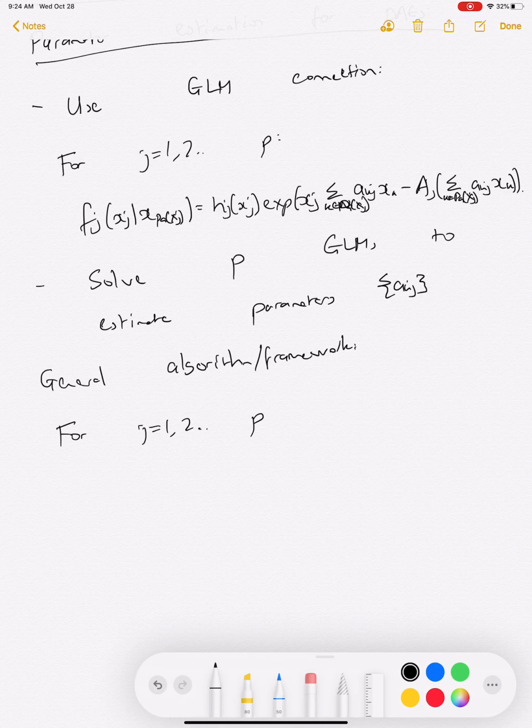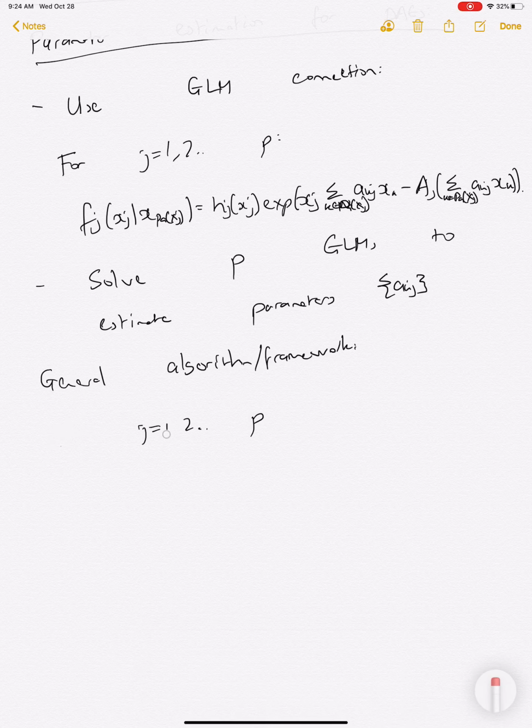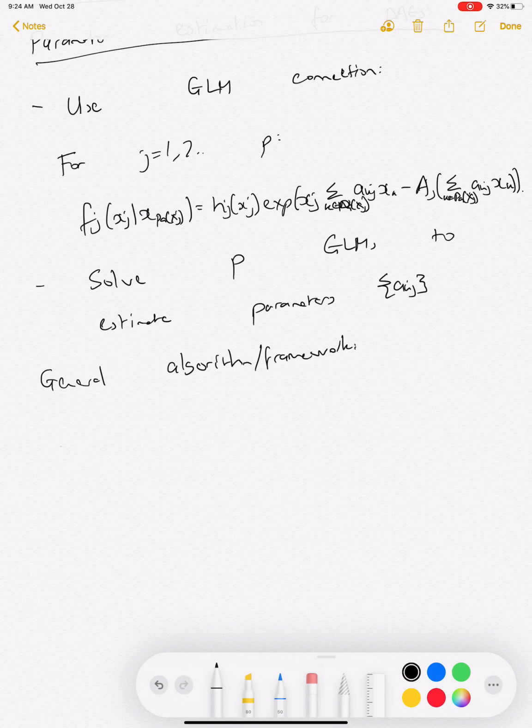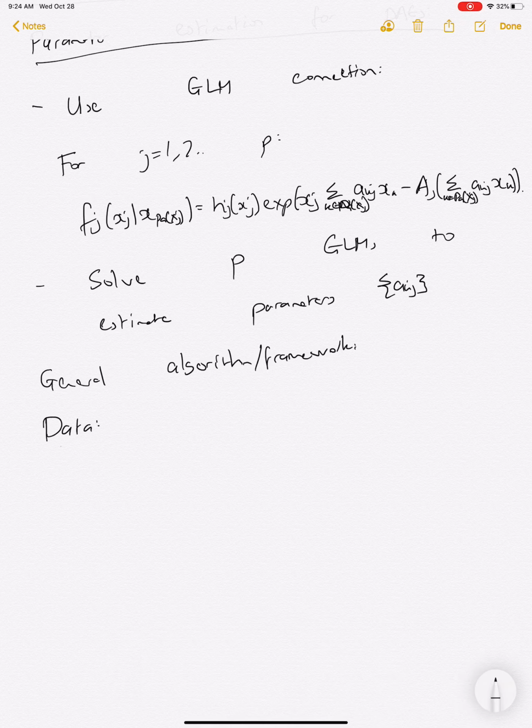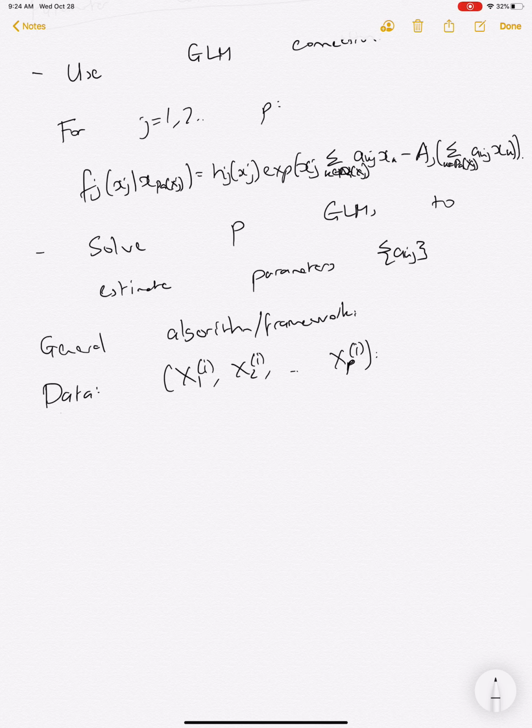Sorry, let me just, so just to connect this back to the data, just remember that our data here is x1i, x2i, up to xpi. Okay, and so we want to use that data to try to estimate these parameters akj.